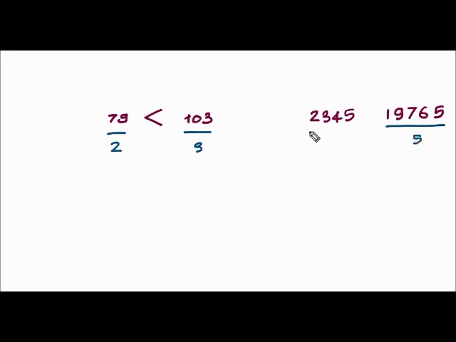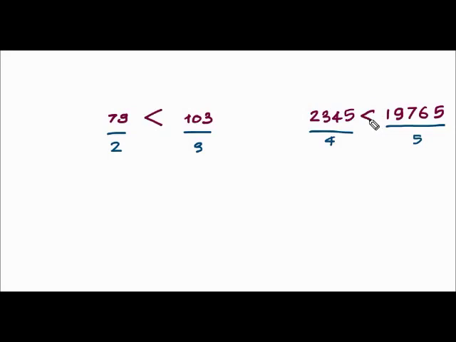And how many digits here? Here I have 5 digits. So 5 is greater than 4. So we know that 19765 is greater than 2345. This is our rule number 1.